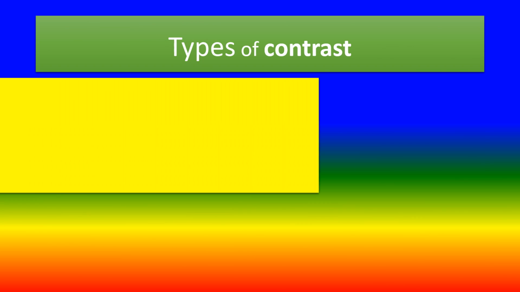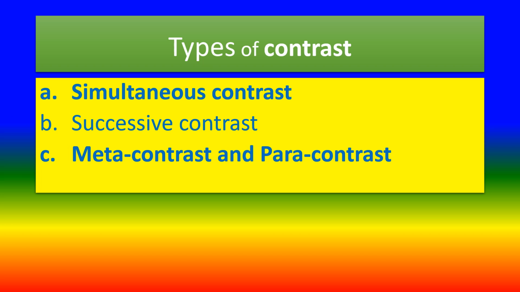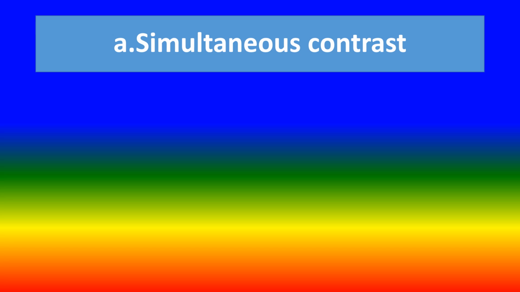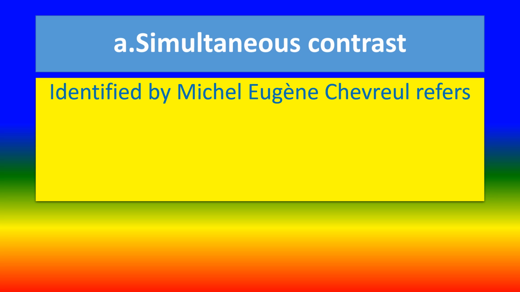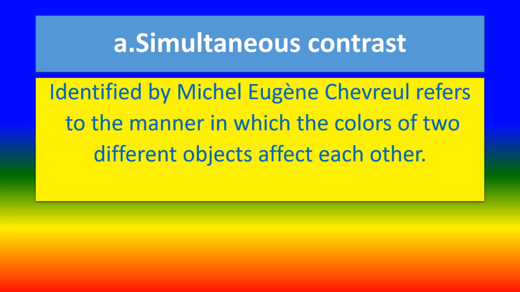Types of contrast. A, simultaneous contrast. B, successive contrast. C, meta-contrast and para-contrast. Detail going on. A, simultaneous contrast. Identified by Michael. It refers to the manner in which the colors of two different objects affect each other.